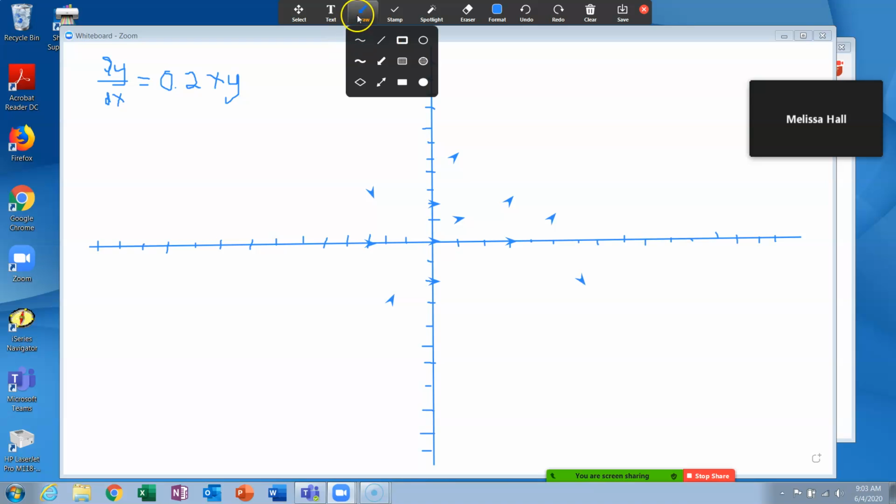Let me go to the draw. Now this will be ugly. This will be awful. I don't draw good curves. But the curves seem to do this kind of number. I'm just going to make a guess here. They come down here, and then you know it's horizontal here.